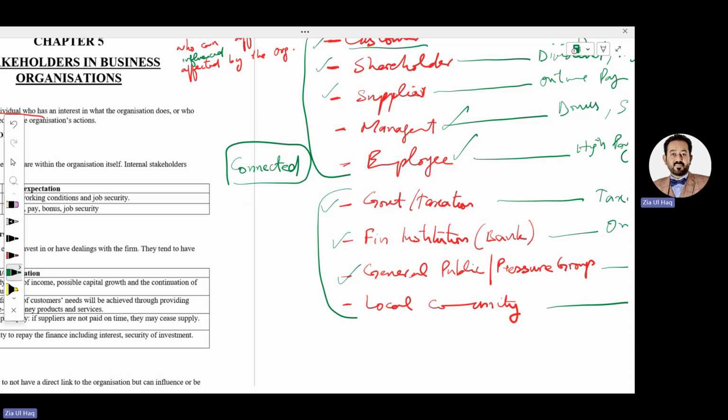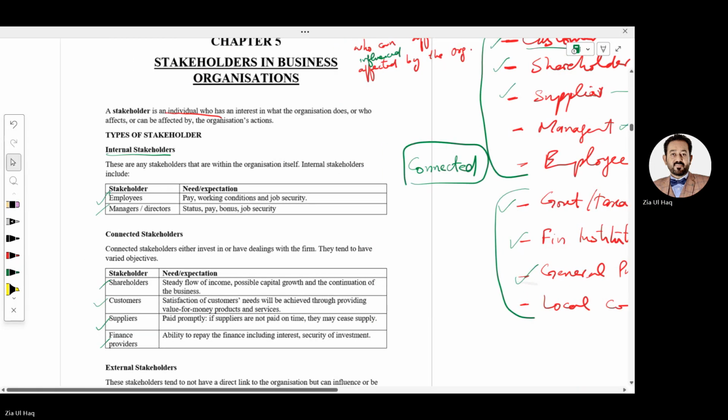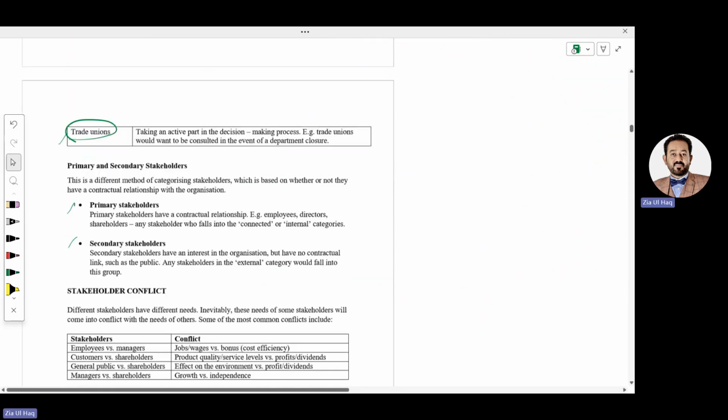If you are compliant with law, regulation, paying tax, government cannot affect you. But if you are operating in a highly regulated industry, then government can affect you through law and regulation. Otherwise, normally government focuses on government organizations rather than private businesses, because there are millions of private businesses, so government will not be able to affect them. So stakeholder could be primary or secondary.